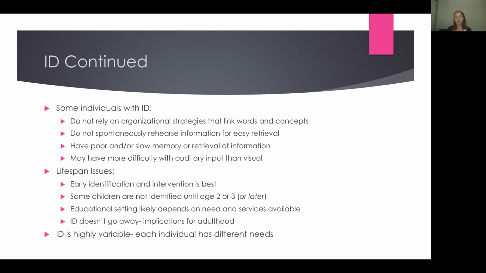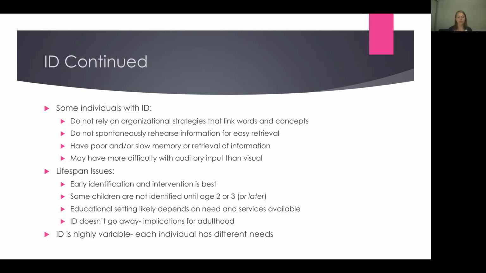Where these kids will go to school depends on how much help they need and on what their school system or their school can offer them. So they might be in a separate classroom, they might be in a separate program, or they may be integrated into the typical classroom just with the supports that they need in that context. So it just depends. We do know that this doesn't go away. If you have ID, you have it for life.